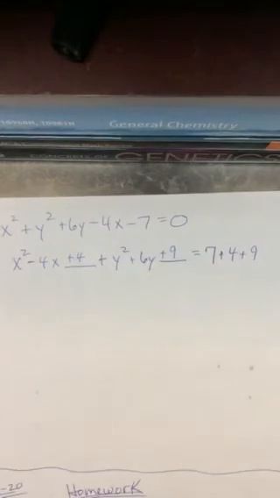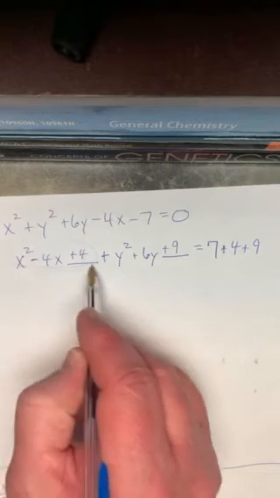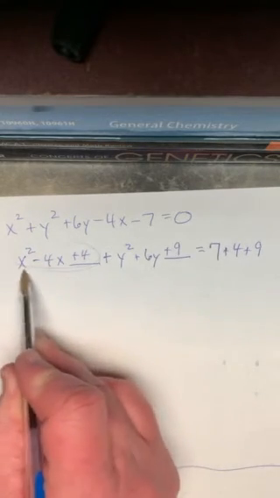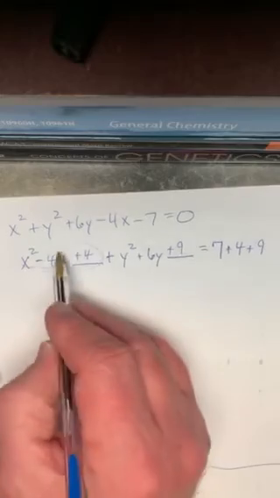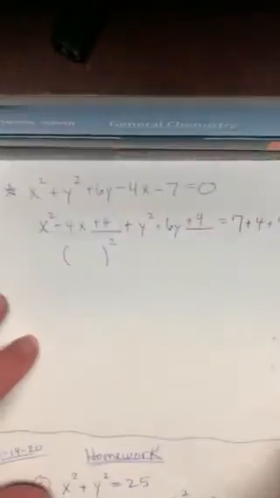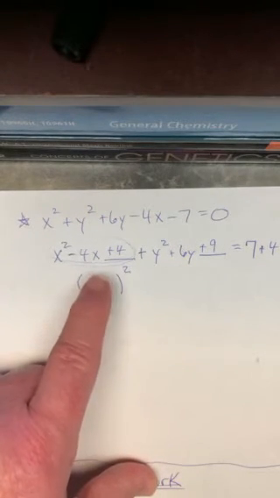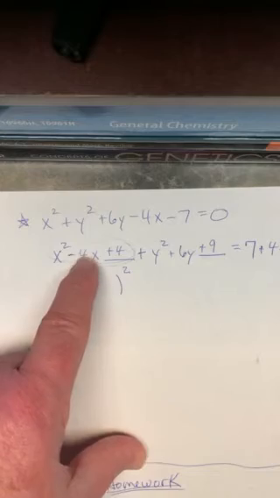So cleaning this up, guys, this right here is now a trinomial, isn't it? It's actually called a perfect square trinomial. And you are going to break it down into a binomial squared. Now, how do you know what to put in there? You put in there whatever you got when you cut that middle number in half.